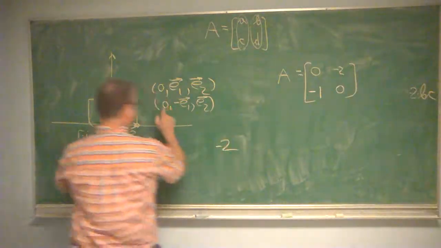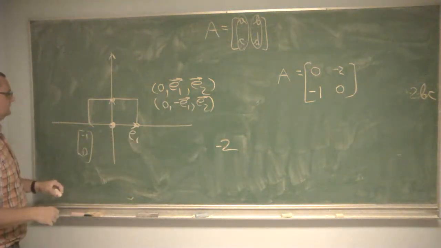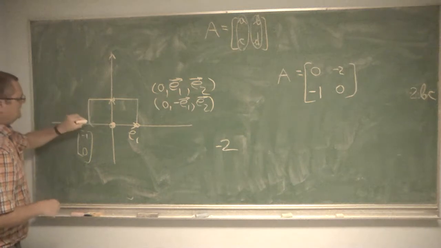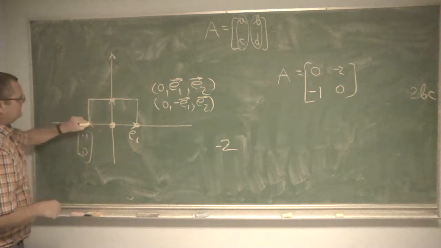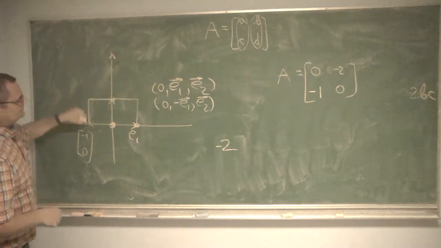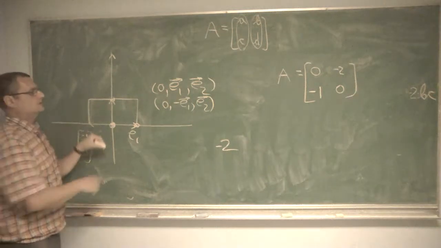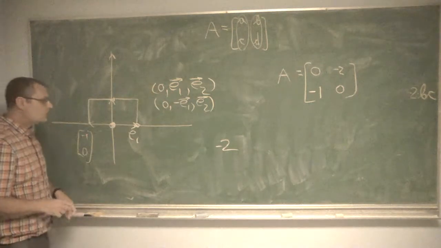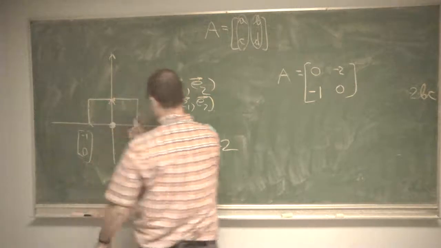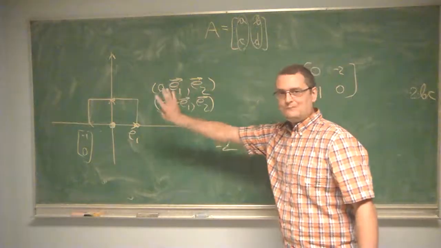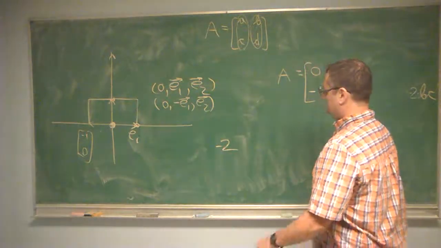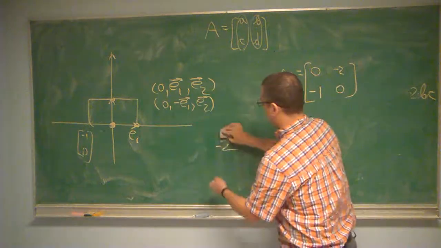But now 0, -E1, E2 is clockwise, so that's the opposite orientation of this one. So you know immediately that the determinant of this flip about the y-axis has to be negative.